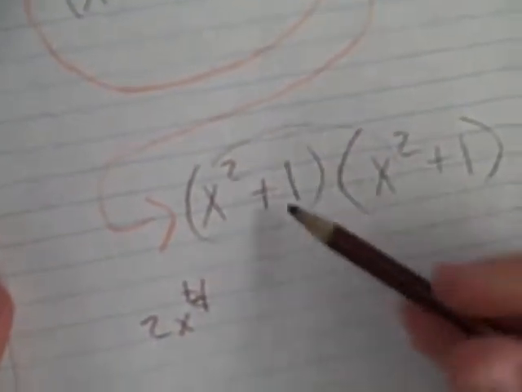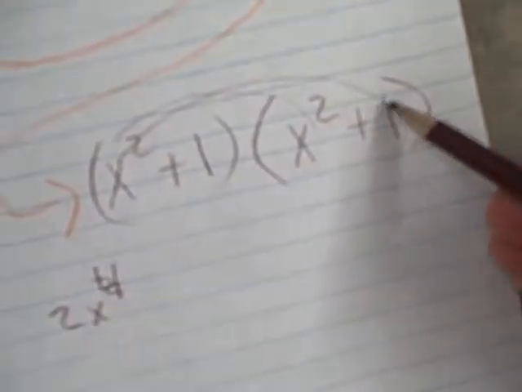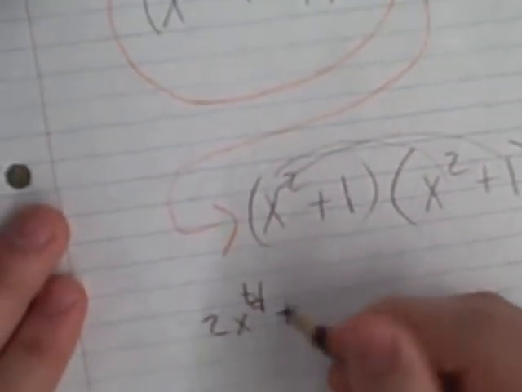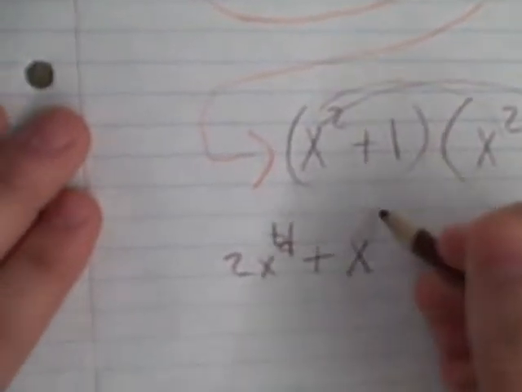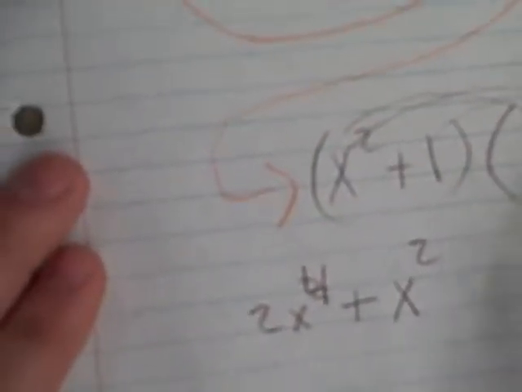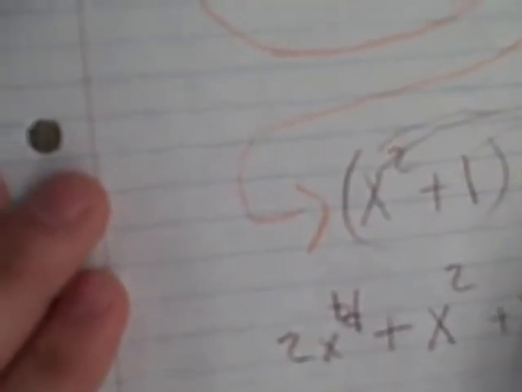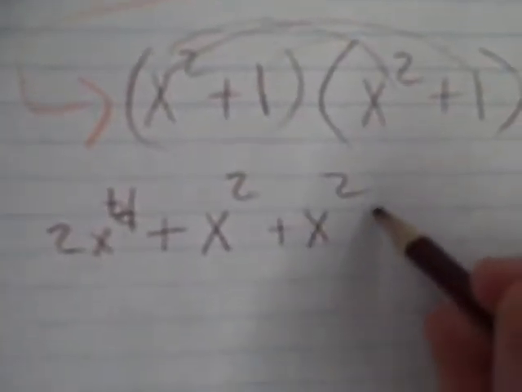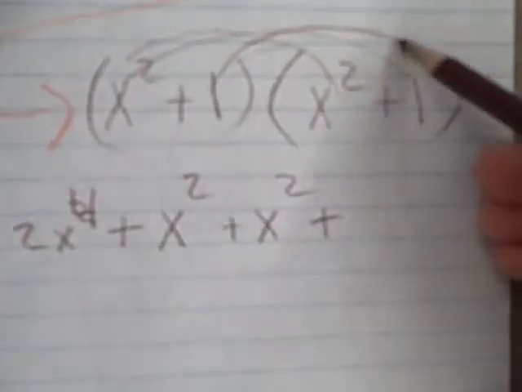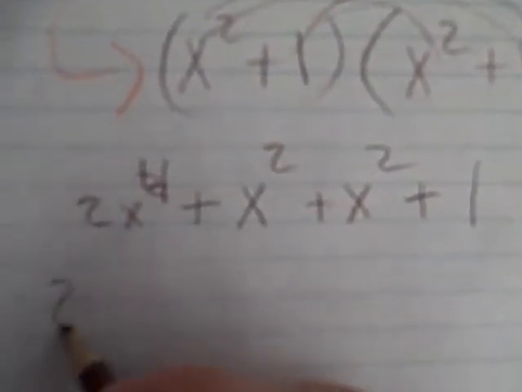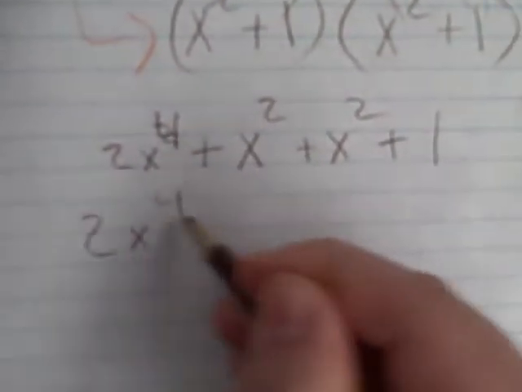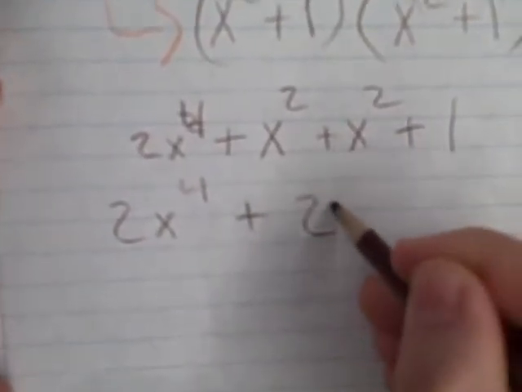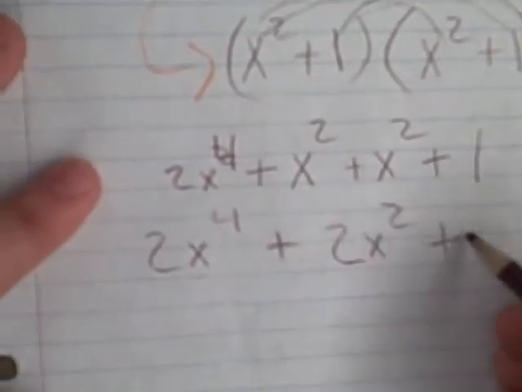Then we multiply the x squared and the 1, so we have x squared, plus another x squared, because we multiply the other 1 by that x squared. And then plus another 1, because 1 times 1 is, of course, 1. Then we combine like terms, so we get x to the fourth plus 2x squared plus 1.